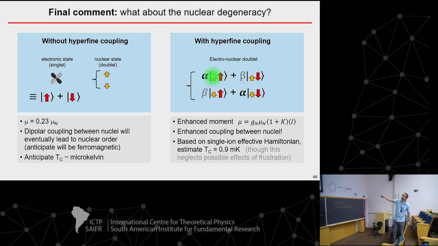So this state is initially degenerate, but the effective moment associated with it is enhanced because I've co-opted this 4f moment. And these 4f moments can interact through the dipolar interaction and through exchange. That enhancement factor is about a factor of 770. So now, at a mean field level, you're going to anticipate nuclear order at a temperature of about a milli-K rather than a temperature of about a micro-K. Okay.